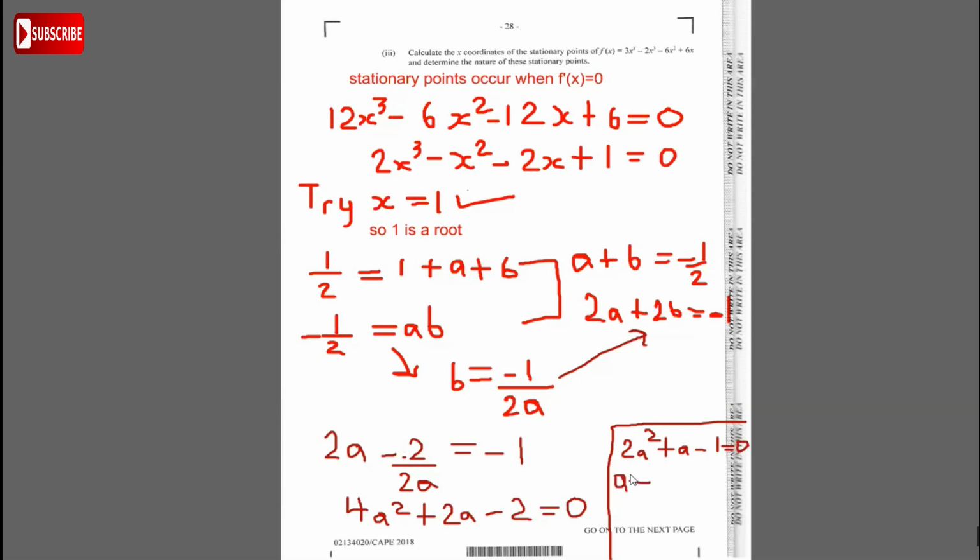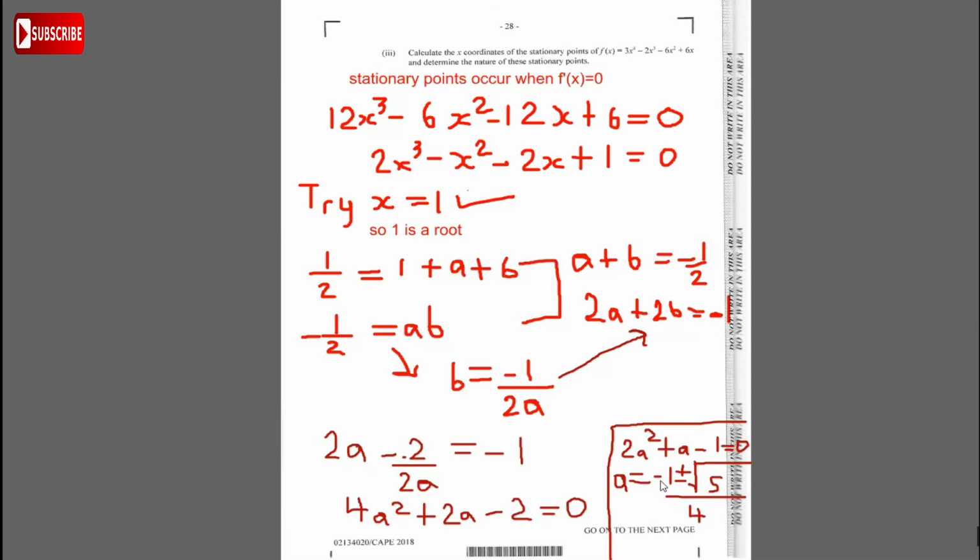So a is equal to minus b, which is minus 1, plus or minus the square root of b squared minus 4ac, over 2a. So it's 1 squared minus 4 times 2 times minus 1. So it's minus 1 plus or minus the square root of 9 over 2 times 2, which is 4. That's what I get for a.